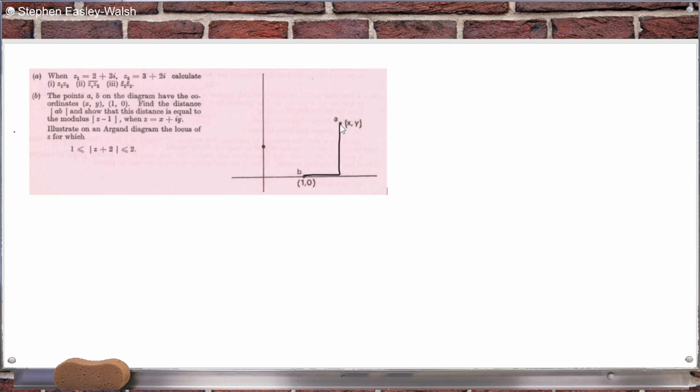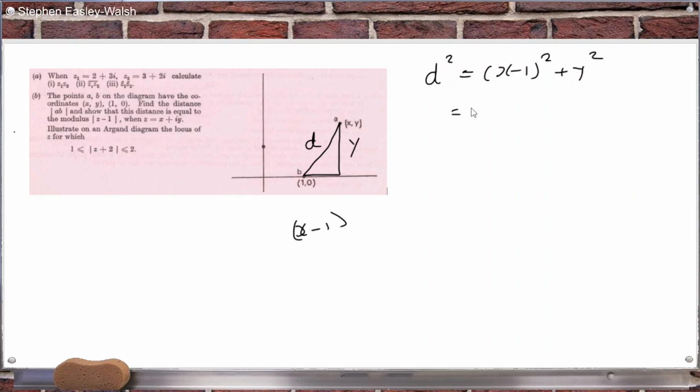So if we draw a triangle here, that side would be x minus 1, and that side would be y. So the distance there, we have d squared equals x minus 1 squared plus y squared.